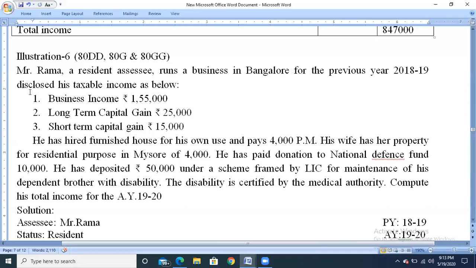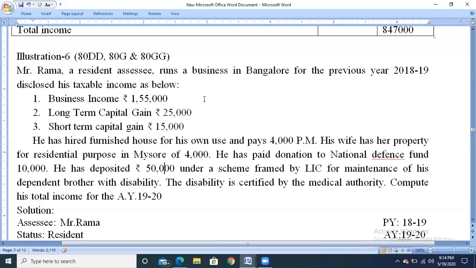If you check the problem, they have not given the percentage of the disability, only that it is certified by the medical authority. So here we are going to assume that the disability percentage falls between 40 to 80 percent, and we are going to take the amount of rupees 75,000 as the deduction amount.